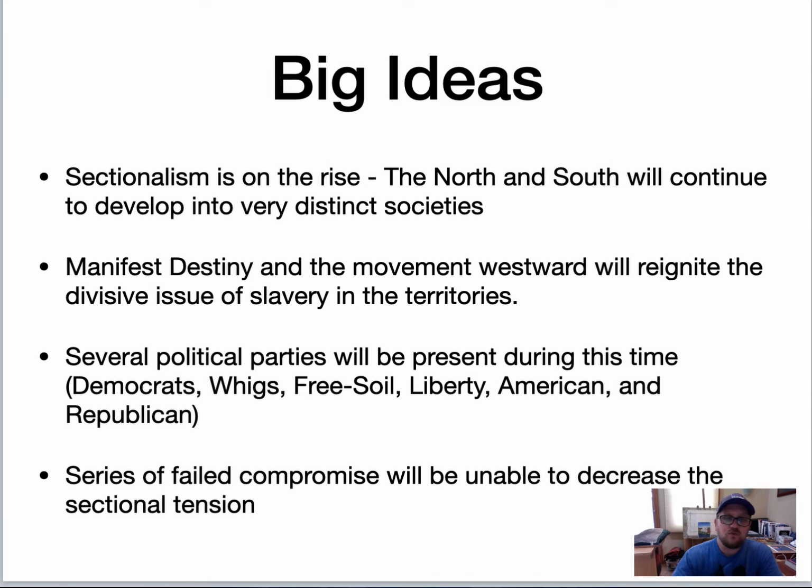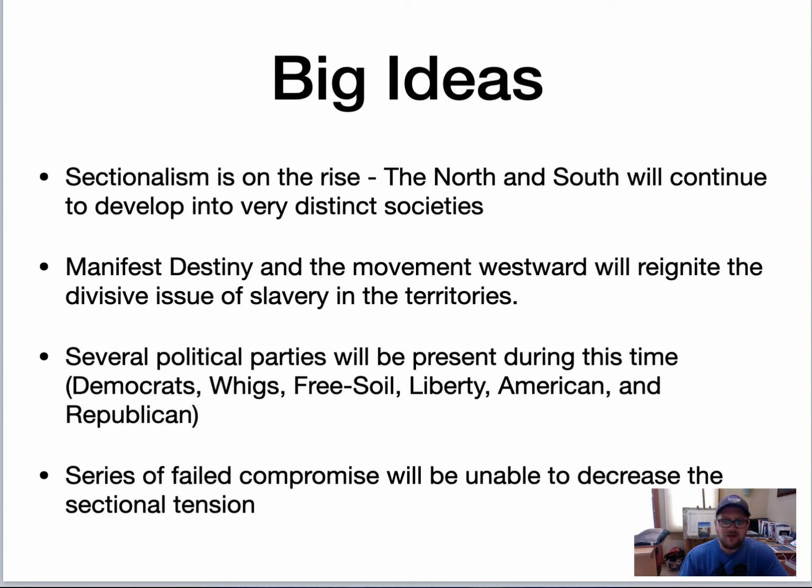Sectionalism is a really huge ideology that has been going around in America from the start of the country. America was very diverse when it comes to the different regions, with the North and South developing very differently throughout the course of time. And these differences, the cultural, the political, the economic, and other differences, will start taking root within the early confines of the American nation in the early 1800s, late 1700s, and will slowly build up to the Civil War.